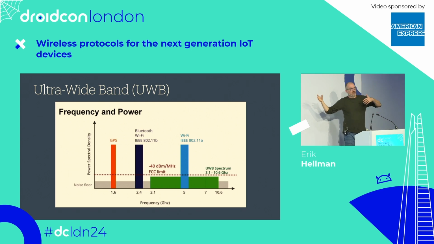When an ultra-wideband device sends a message, it sends it across this entire spectrum. That's why it's called ultra-wideband. But it's also very low power, and thanks to sending it across such a wide band, you get much better delivery reliability, so to say.